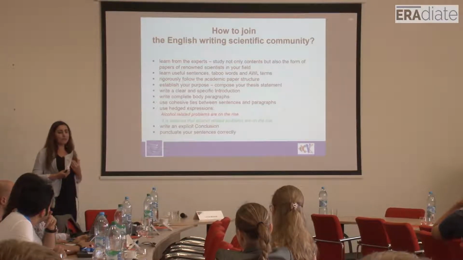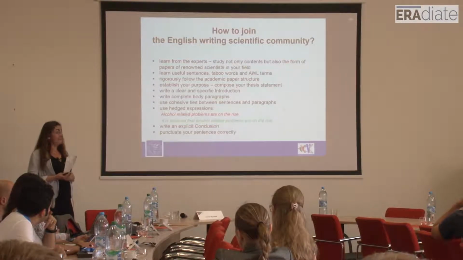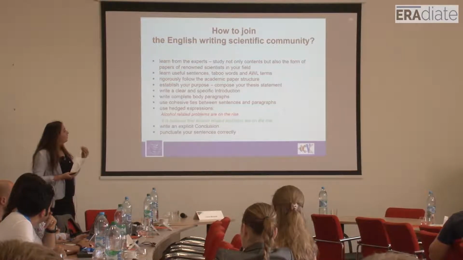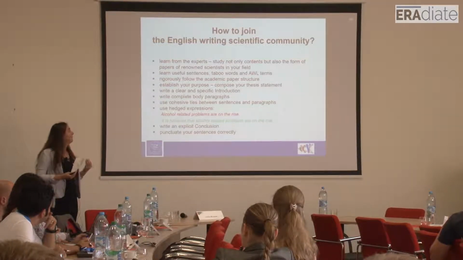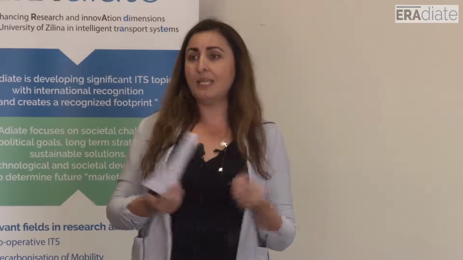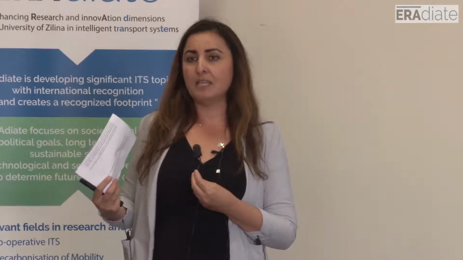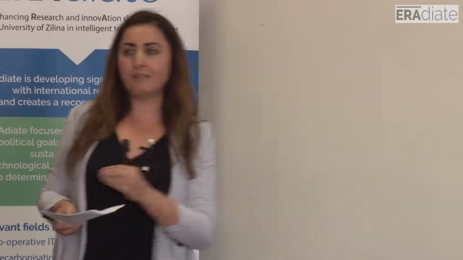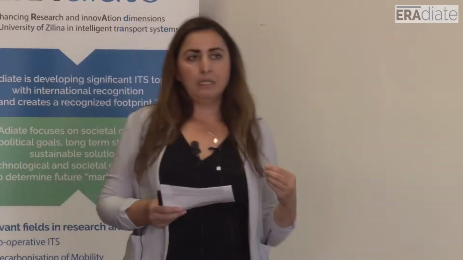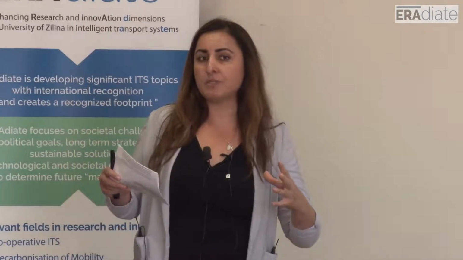A really useful and valuable piece of advice I was given was to study not only the contents, but also the form of papers of renowned scientists in the respective field. So you can select an author or two, renowned English native speakers, and you can study their scientific development. You can study the typical phrases they use.